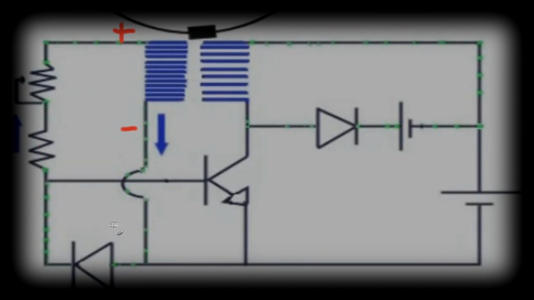So what this diode is doing is preserving the flow that the rotor magnet created over the trigger winding. Put it to flow in this direction. The flow it created is this flow.